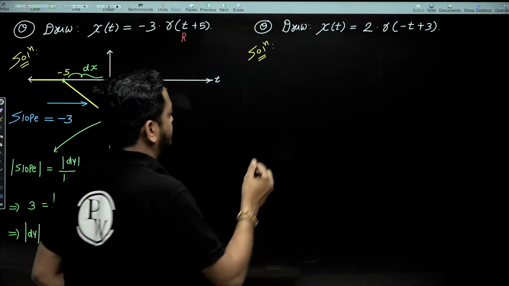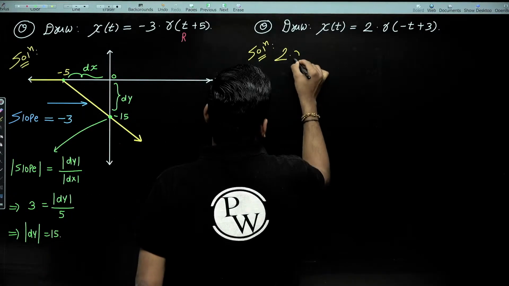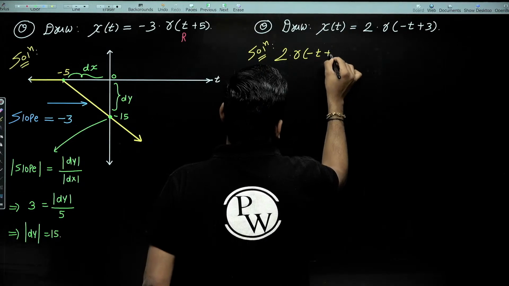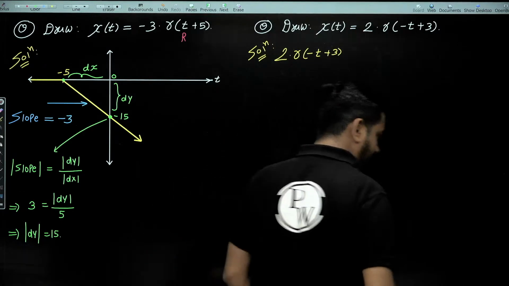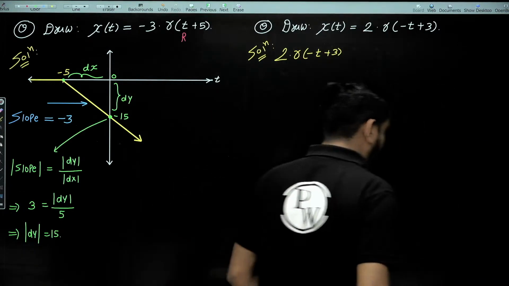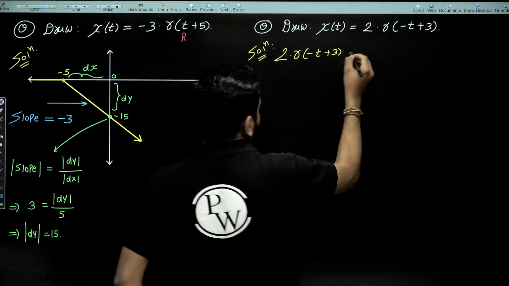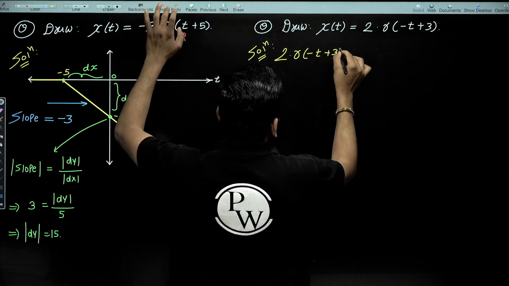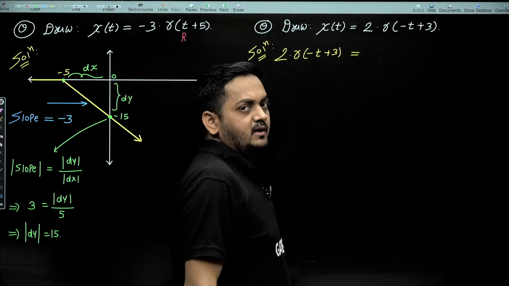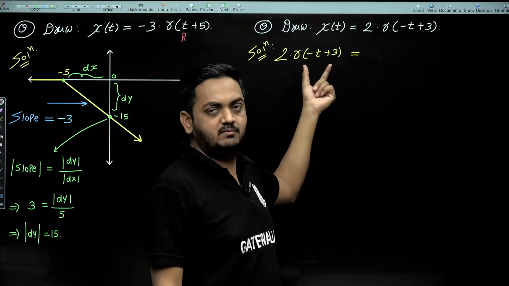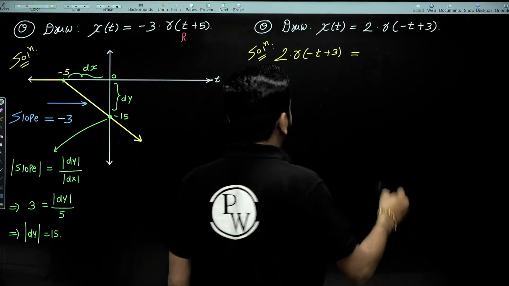First of all, what is the standard method? On the left hand side we replaced t with -t plus 3, correct. So on the right hand side also, everywhere t becomes -t plus 3.